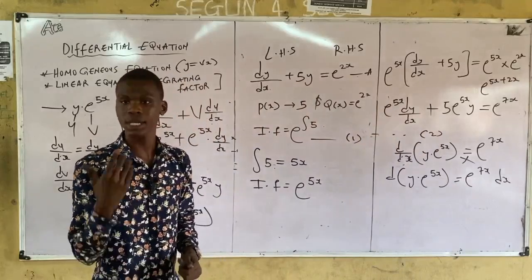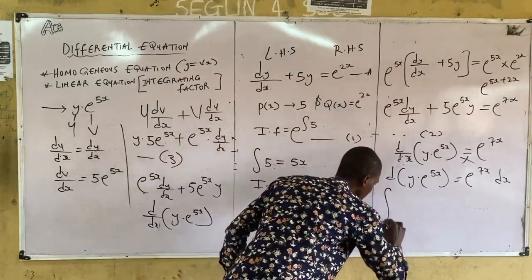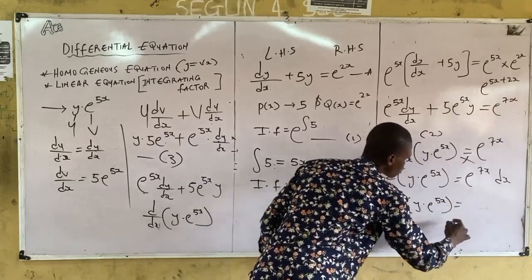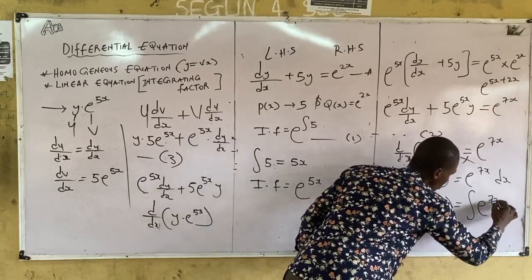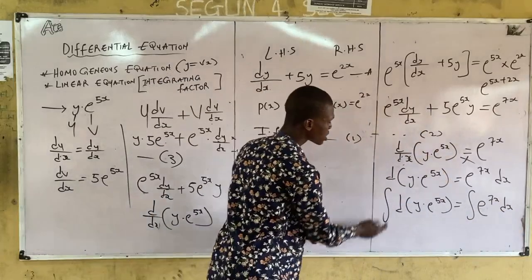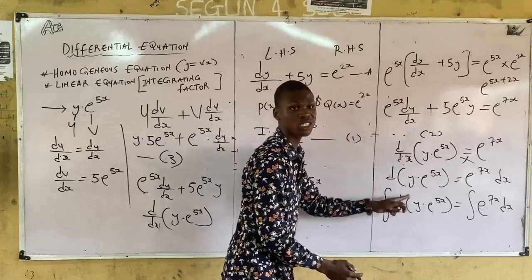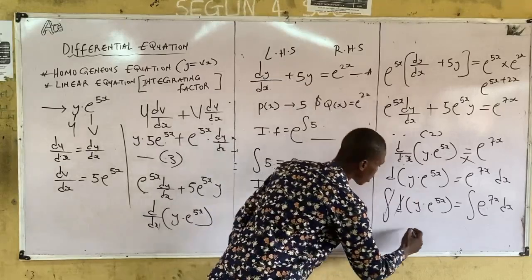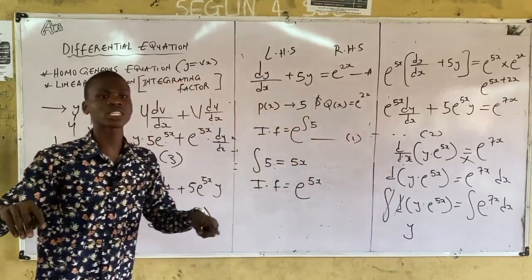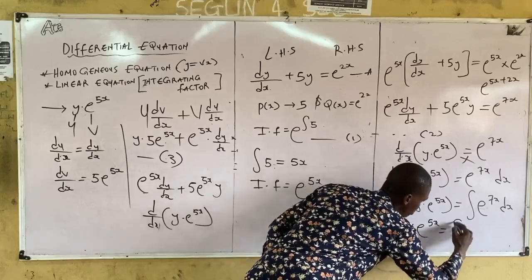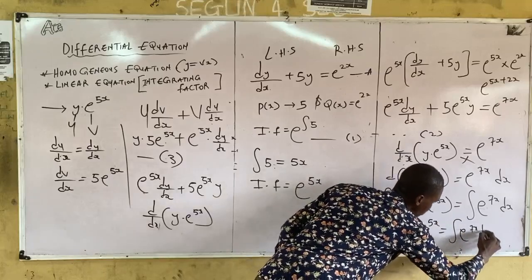By the time we integrate both sides, we have the integral of d of y exponential 5x equals the integral of exponential 7x dx. From here, the integral can cancel this derivative. Meaning that y exponential 5x equals the integral of exponential 7x dx.